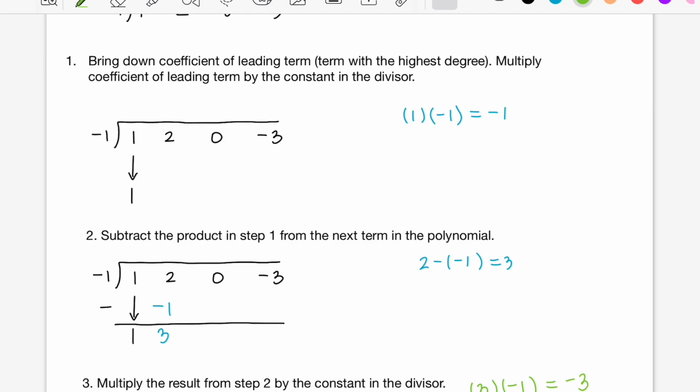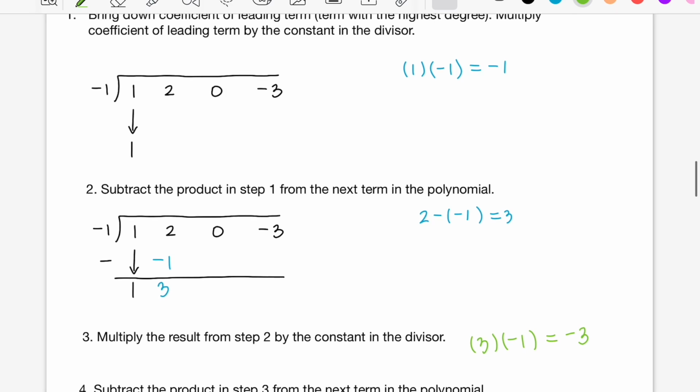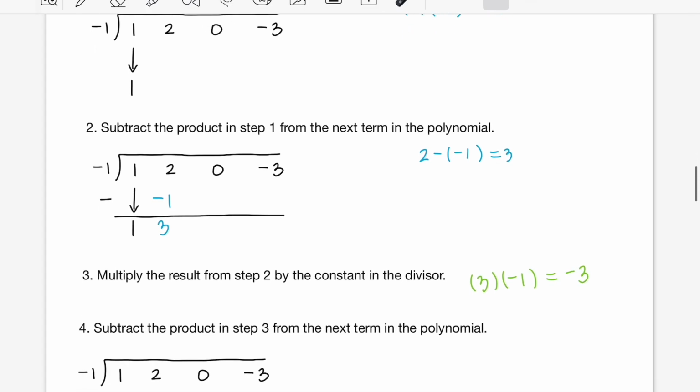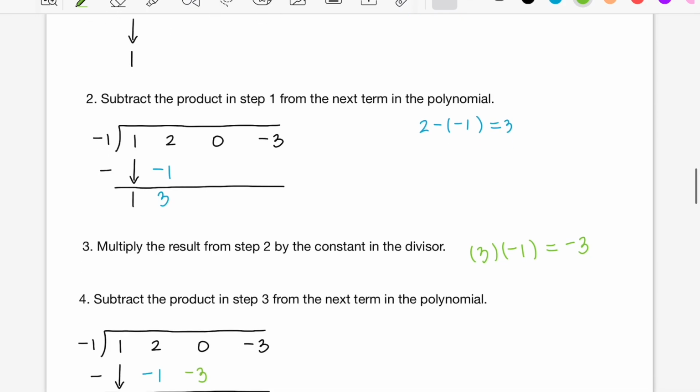The next step, we subtract the product in step 3 from the next term in the polynomial. So we're going to subtract negative 3 from 0. Doing so, we get 0 minus negative 3, which is just positive 3. So this result here is positive 3.